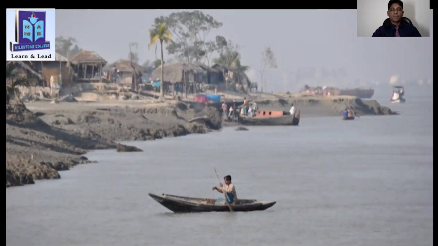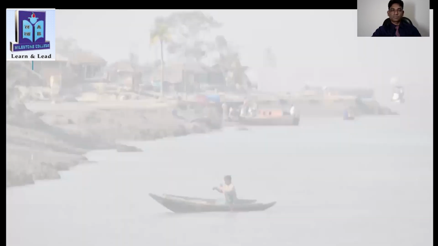Yes, the picture is about a river, and you can see some cottages or houses near the bank of a river. Also, you can see boats and ships in the river, right? This is another beautiful picture of our country, isn't it?